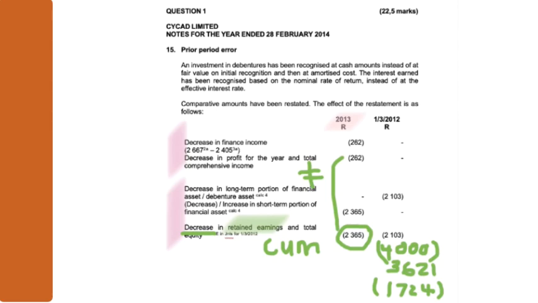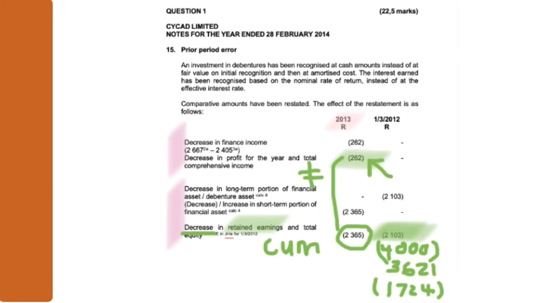So it takes into account what was changed in retained earnings opening balance as well as what was changed in retained earnings for the year, which is the profit for the year. It takes everything into account. We are looking at cumulative effects. The SPLOCI is the period specific effect.